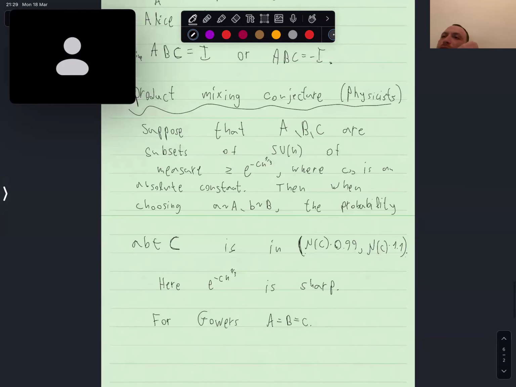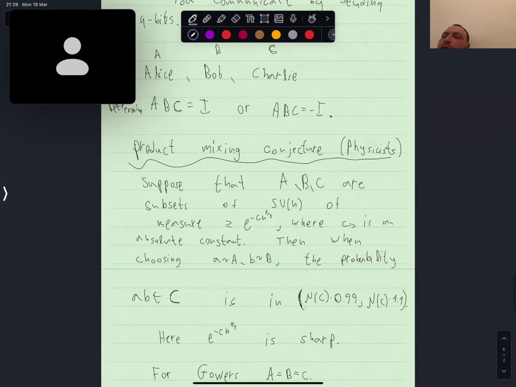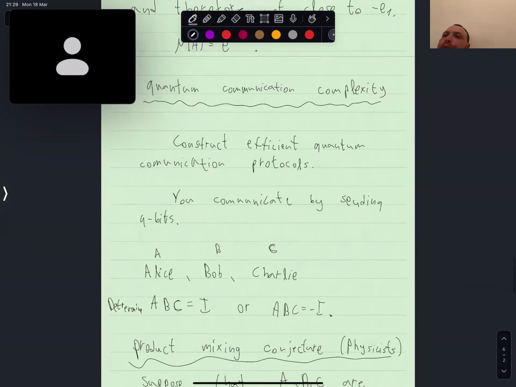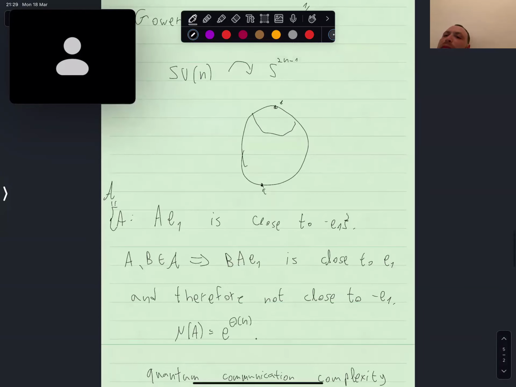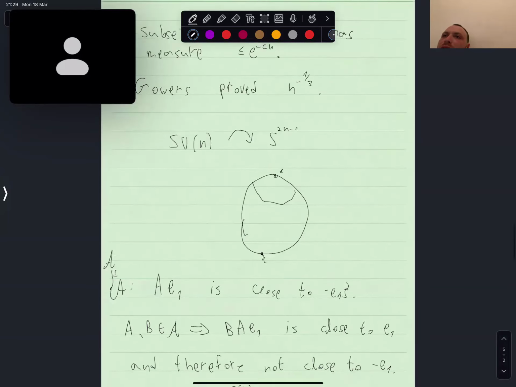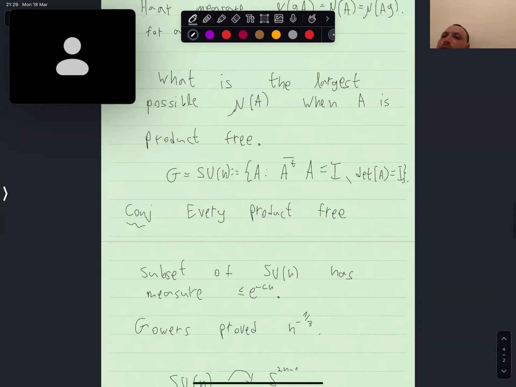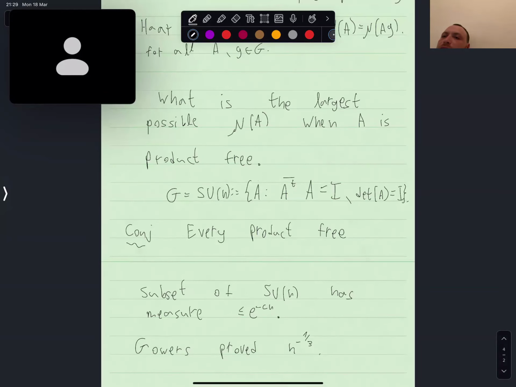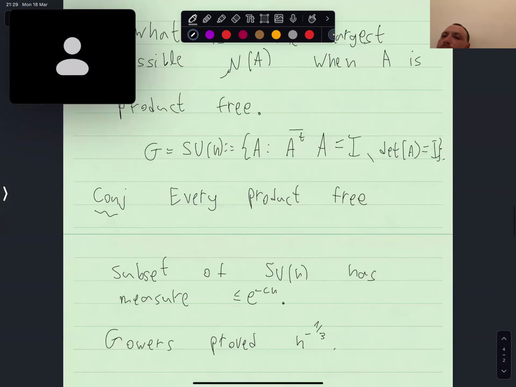So if that conjecture is true, then it would give a bound of e to the minus c n to the 1/3 for Gower's problem. Here is Gower's problem: every product-free subset has measure at most e to the minus c n.